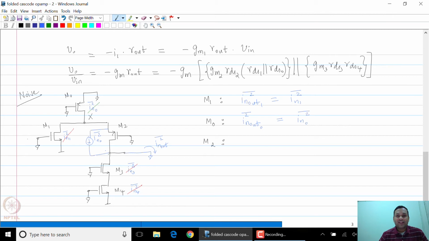When the current source is connected across 2 nodes of the circuit, we'll go back to the trick that we have studied earlier. We will now split this into 2 correlated current sources.